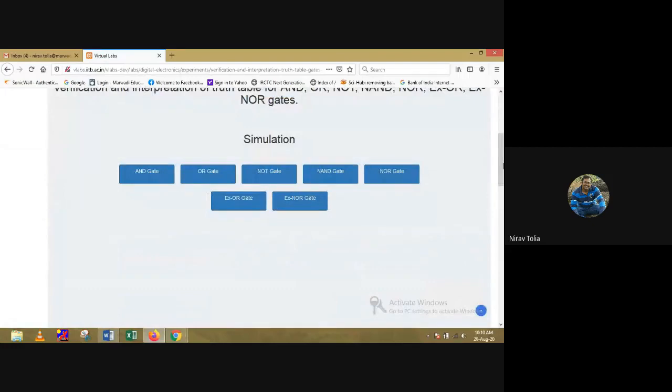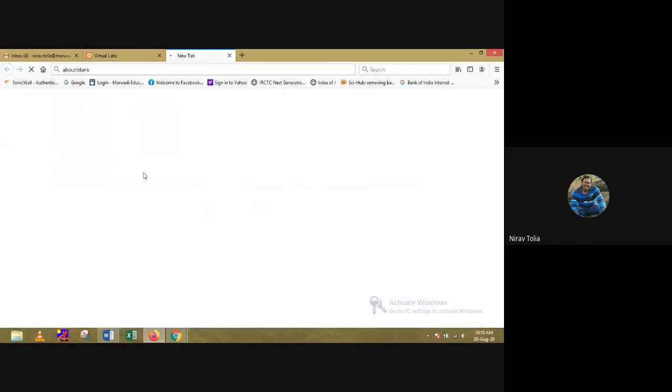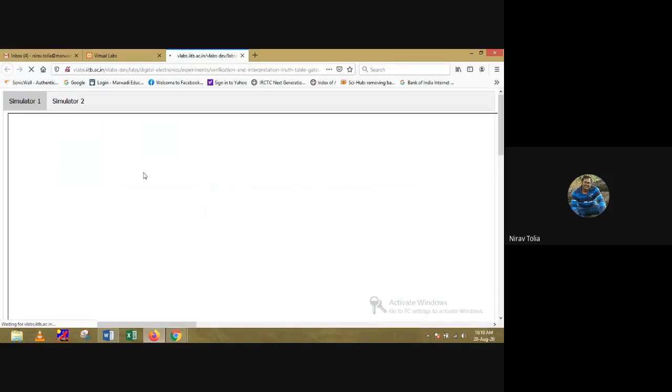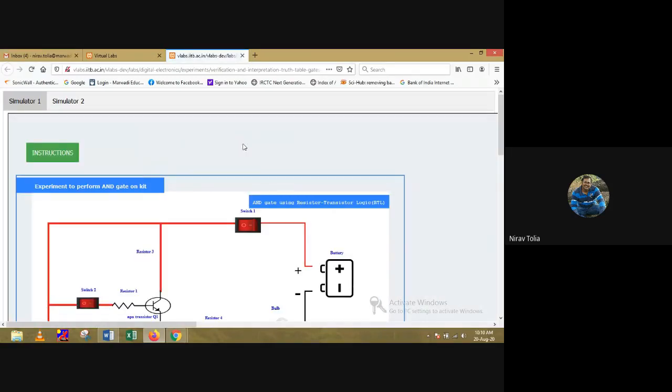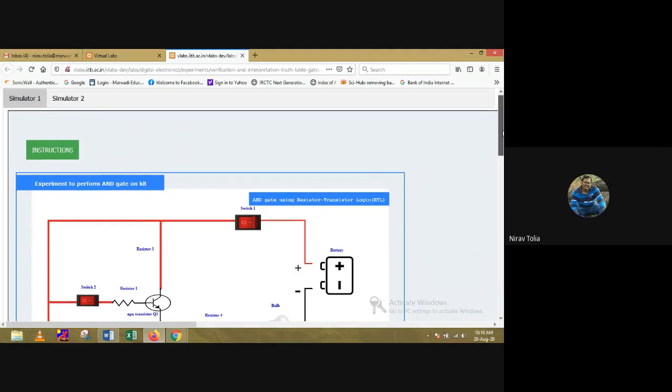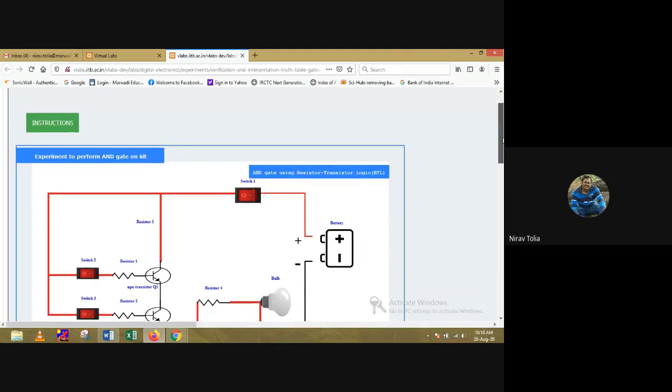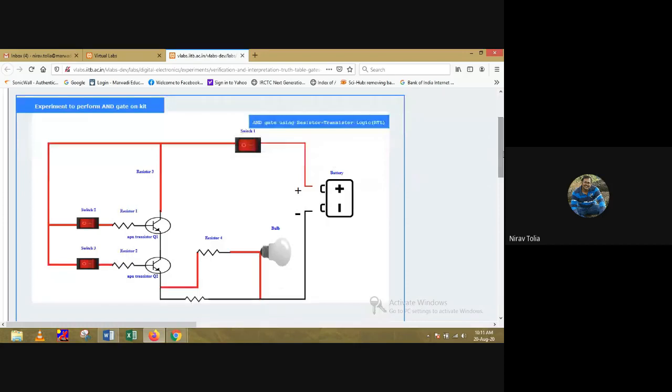So we are performing the simulation of all the logic gates, which are the AND gate, OR gate, NOT, NAND, NOR, exclusive OR and exclusive NOR. First we are going to the AND gate. See, here we have three switches.